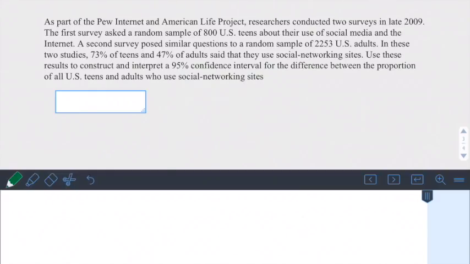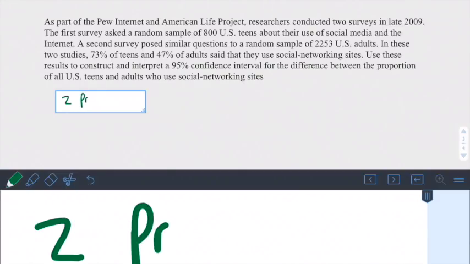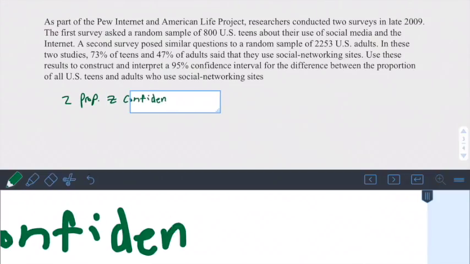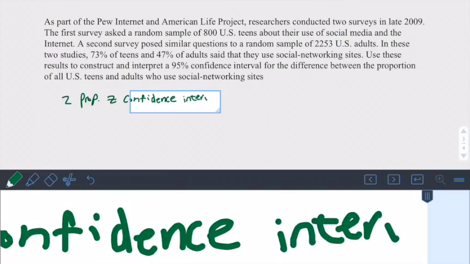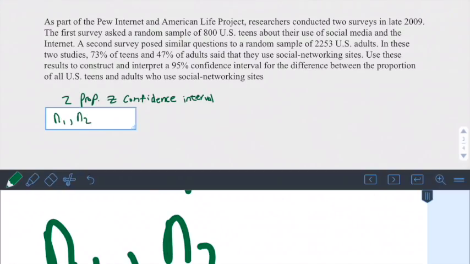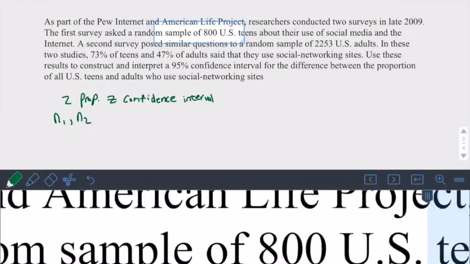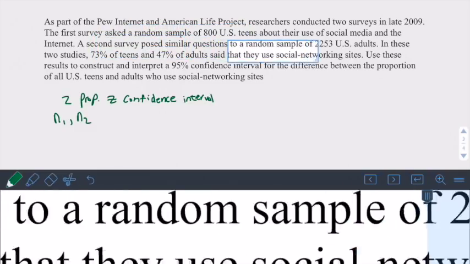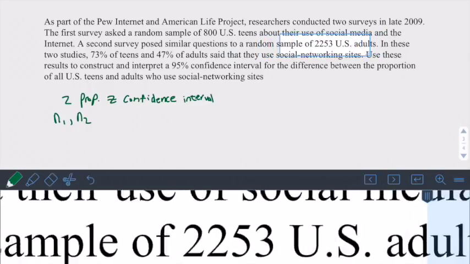So we want to do a 2 proportion Z confidence interval. Okay, so we need random samples, N1 and N2. A random sample of 800 is our first one, and the second one is a random sample of 2,253.